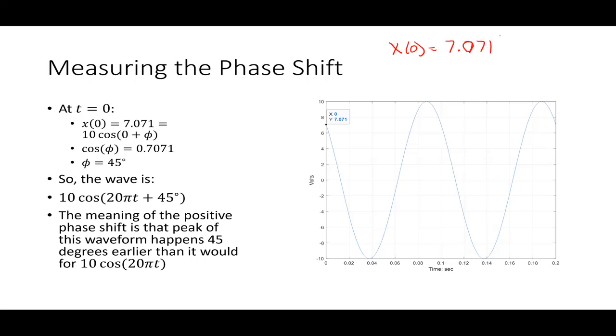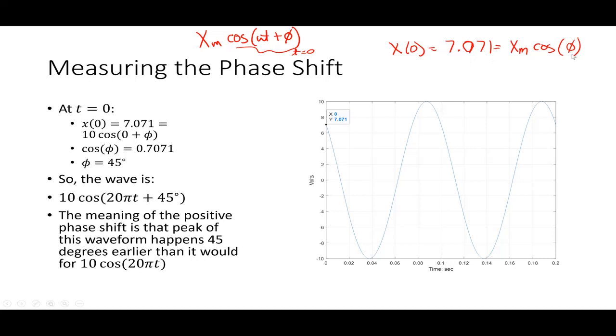Because in general I've said this thing is x sub m cosine of omega t plus phi, I'm going to plug t equal to 0 into this expression. So this becomes x sub m cosine of 0 plus phi. Whatever I have at time t equal to 0 should be able to tell me what this phi is.